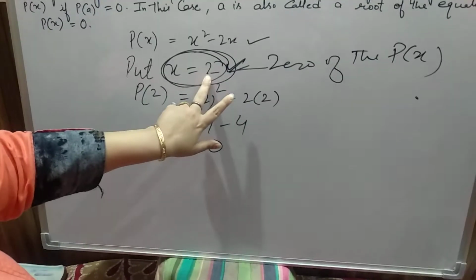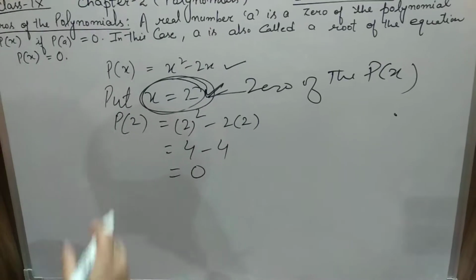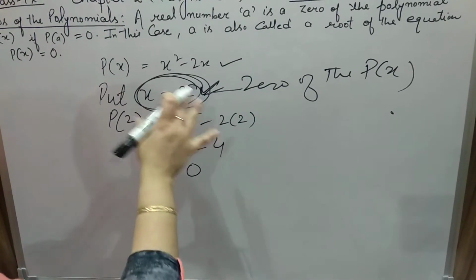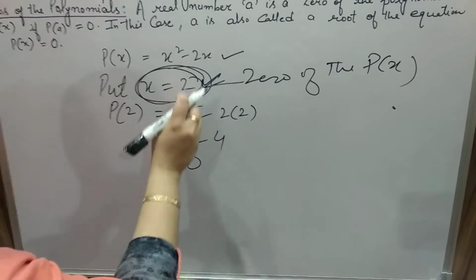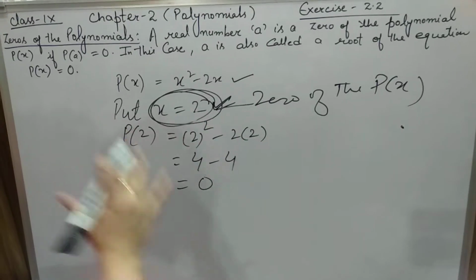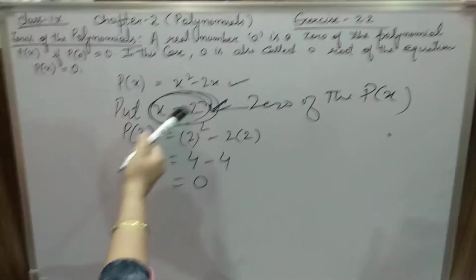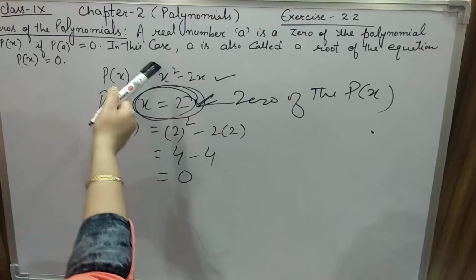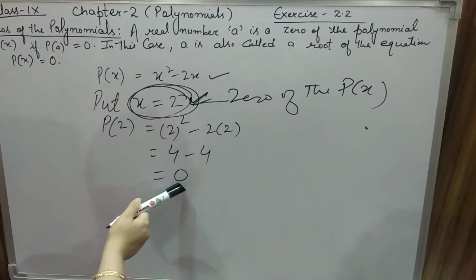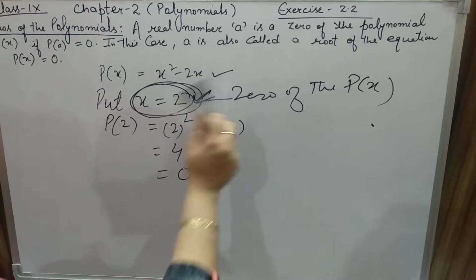This is called the zero of the polynomial. It means that when we put a real number in place of the variable and the answer is 0, that real number is called the zero of the polynomial. So here x = 2. By putting x = 2 in the given polynomial, we get the answer 0. It means this 2 is called the zero of the polynomial.